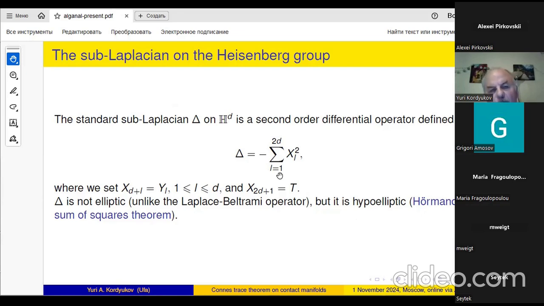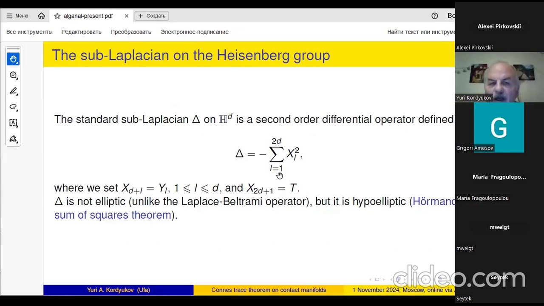This is typical for elliptic equations, but this may also be true for some non-elliptic equations, and this property is called hypoellipticity. And I will maybe talk about this later, but just tell you that this is so.